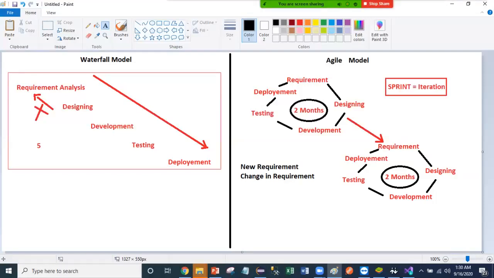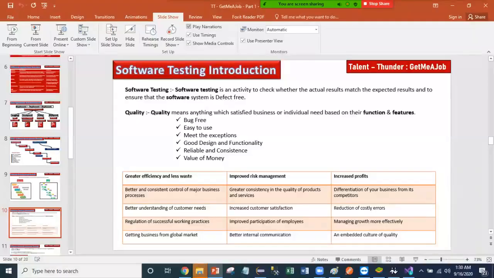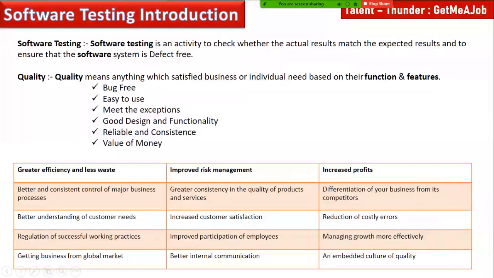That's fine. So this is what the software tester will do, right? Now I will maximize the screen and you can see the definition on the screen. Software testing is the activity to check whether the actual result is matching with the expected result. When we discuss the requirement with the customer, we know what we need to develop once we finish our development.